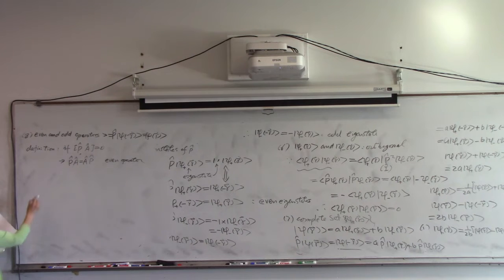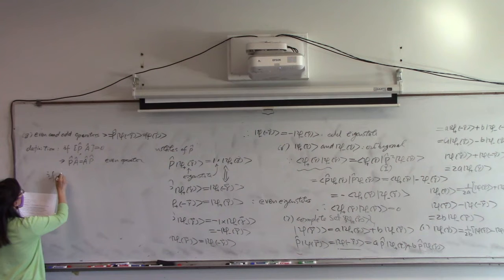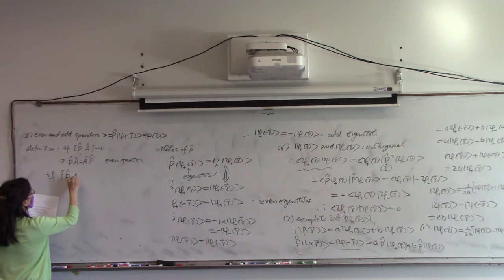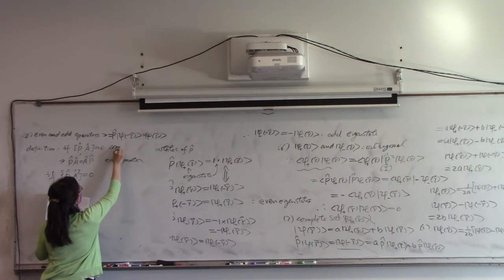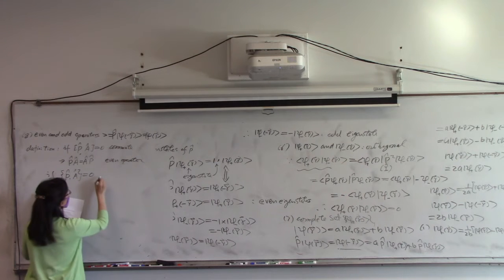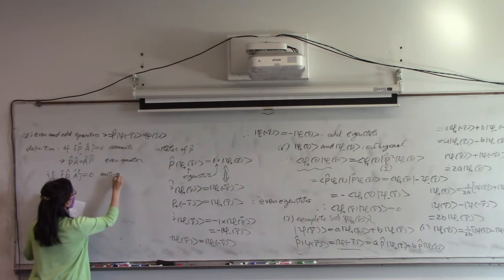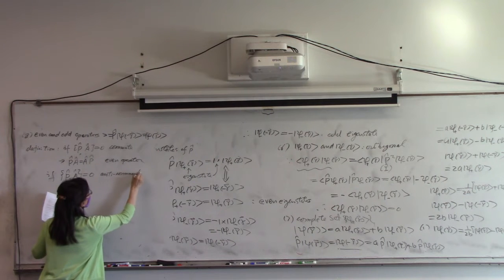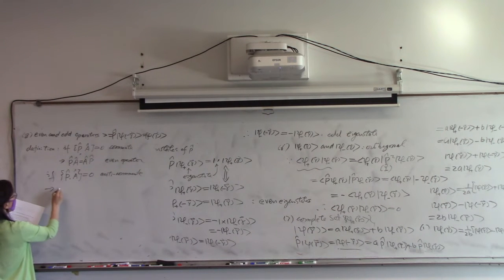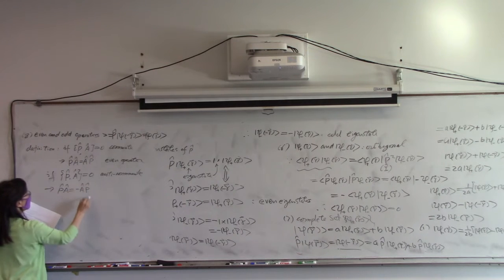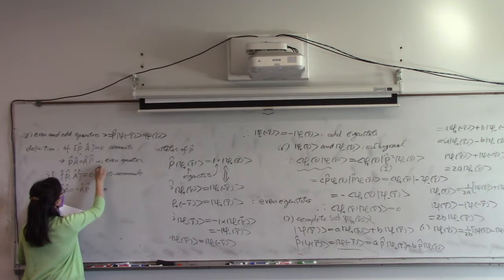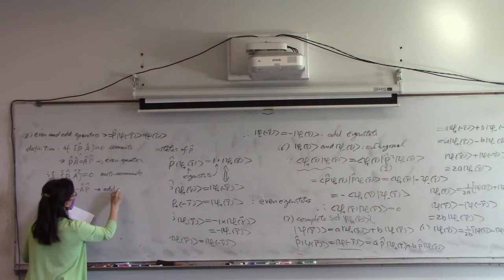That is commute. If it is anti-commute, remember this one is commute and this one is anti-commute, that gives us PA equals minus AP. Then we call this the odd operator.